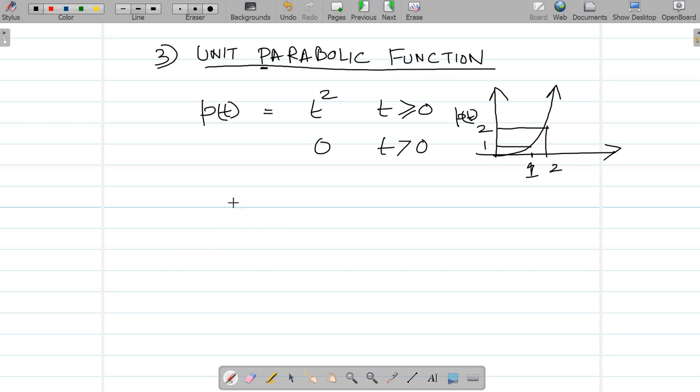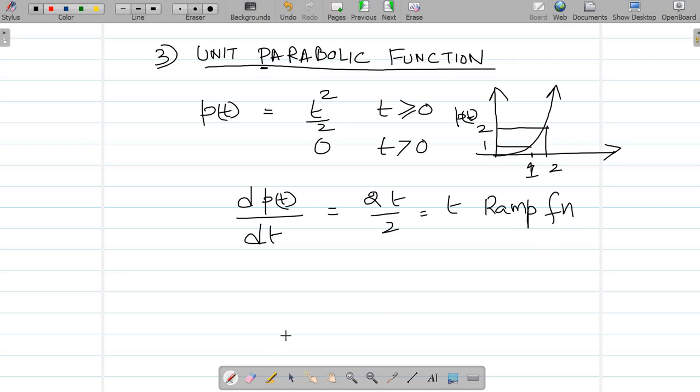Extending the same logic for differentiation and integration. Suppose you try to differentiate this, let us put 2 here. When you differentiate this, it becomes 2t divided by 2, so you get t, which is nothing but a ramp. If you want to generate a parabolic function from a ramp function, you have to integrate the ramp function.